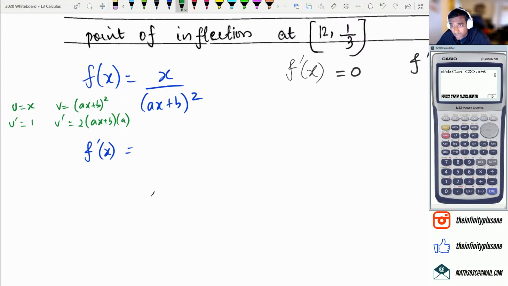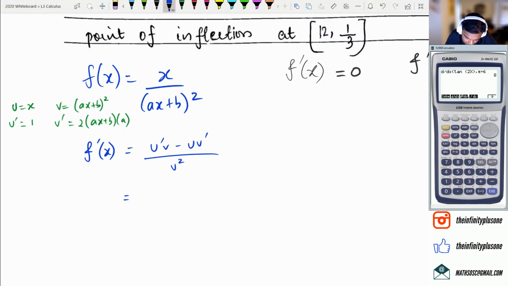Is it actually quite a long one, Lucas? Okay, let's just keep going. Because it's the quotient rule, I've got (u dash v minus u v dash) over v squared.